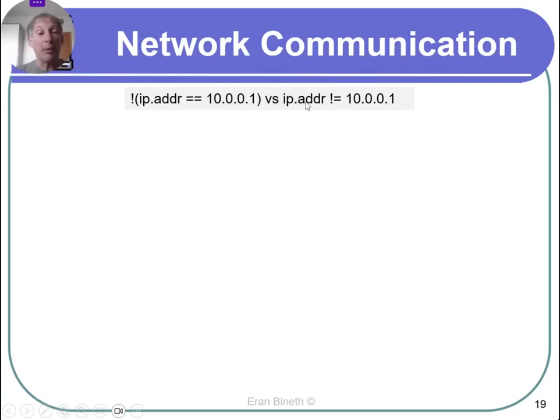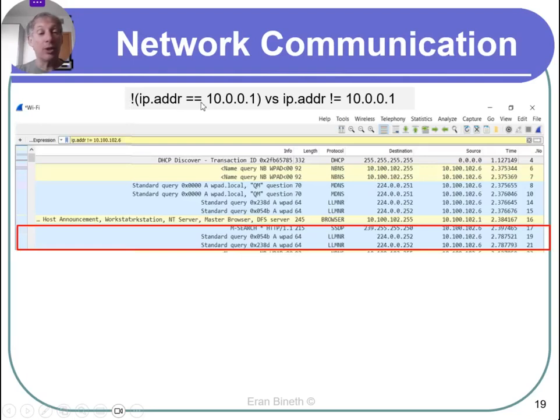When we're saying IP-ADDR not equal, we're basically not saying anything, because it could provide us with those packets that have an IP source of 10.0.0.1 while not an IP destination, thereby answering this request. This is the right approach, saying let's filter out all those which are either source or destination. So this notation is wrong.